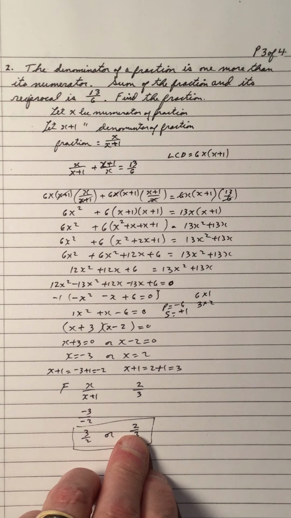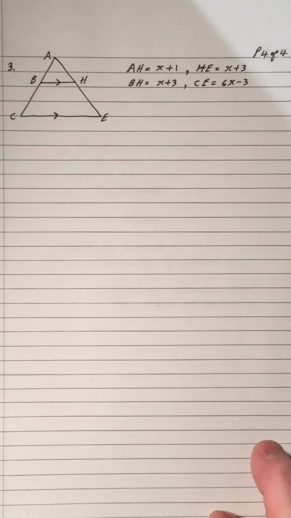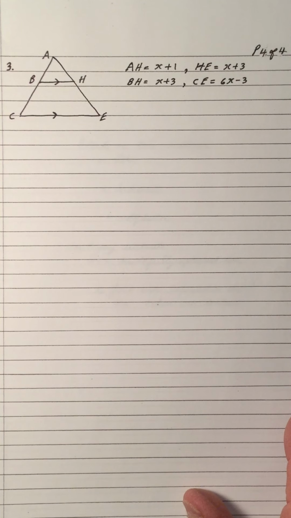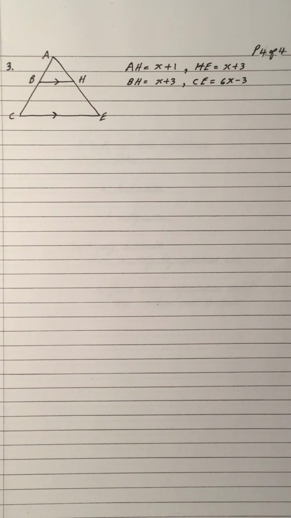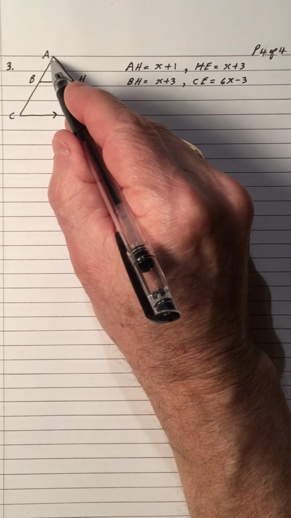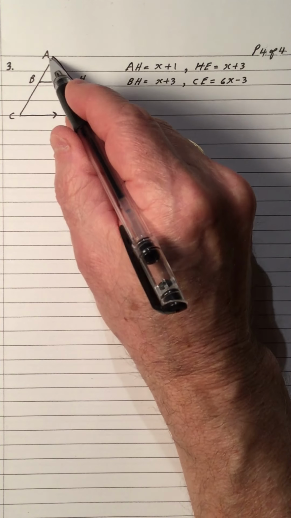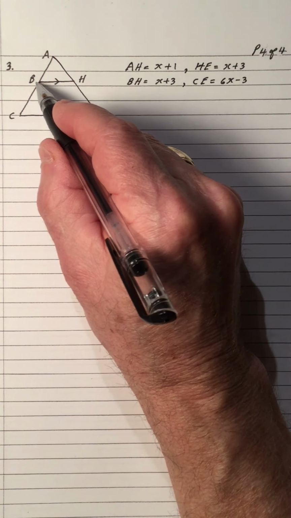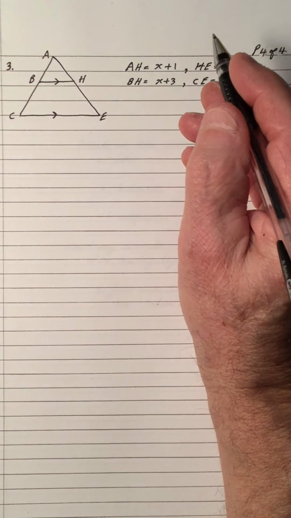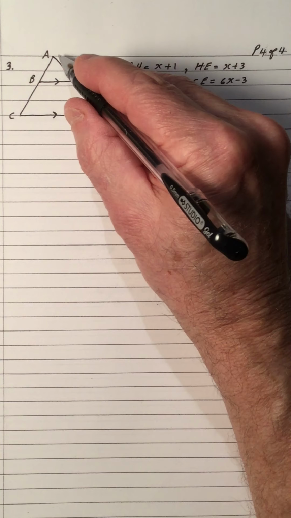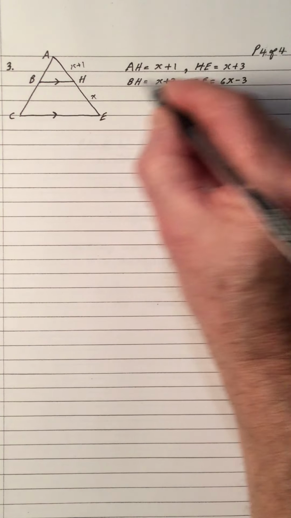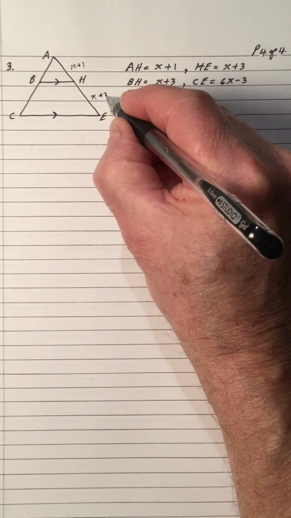Okay, again, just reviewing the rational expressions and the quadratics. And we have another type of problem here, a little bit different. We have a triangle ACE, and BH is parallel to CE. So we have AH, which is x plus 1. We have HE, which is x plus 3.